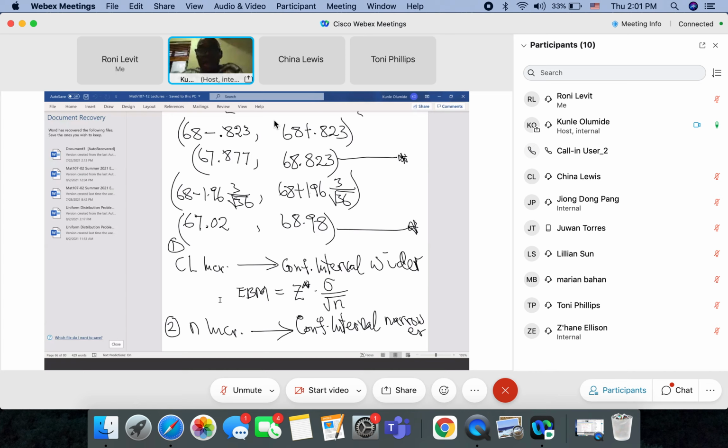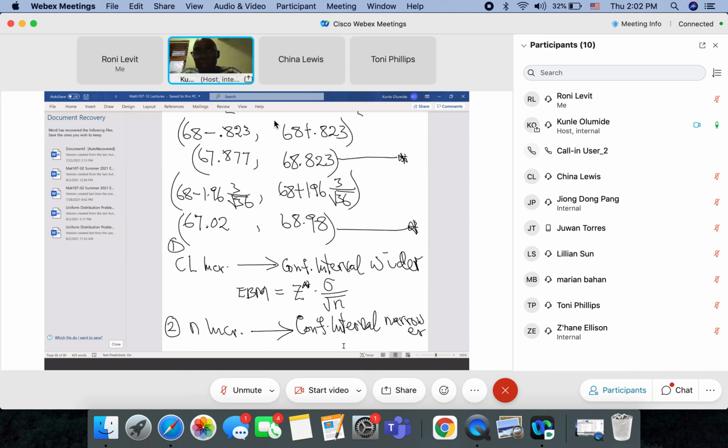Now the other relationship we look at is the sample size and the confidence interval. So we said sample size and confidence interval move in opposite directions.